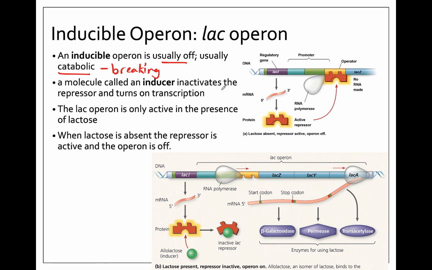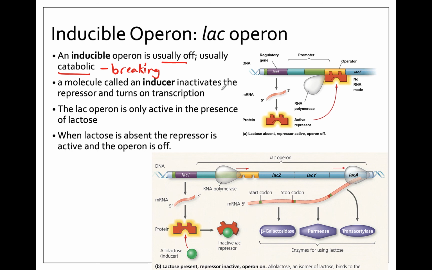So the textbook inducible operon for bacteria is the lac operon. Lac stands for lactose. So lactose is a sugar that gets broken down by lactase. If there's no lactose, we don't need lactase to break it down. So that's why this gene is usually off.